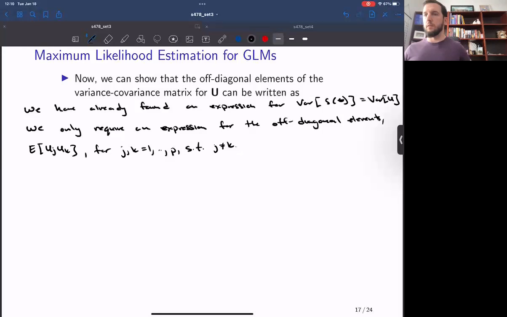All right. So again, what we're trying to do right now is work out the information function for the vector of scores. We know the diagonal elements because we've already found that expression in previous work. We did that on slide 14 of lecture set 2. So now we're just trying to find the off diagonal elements.